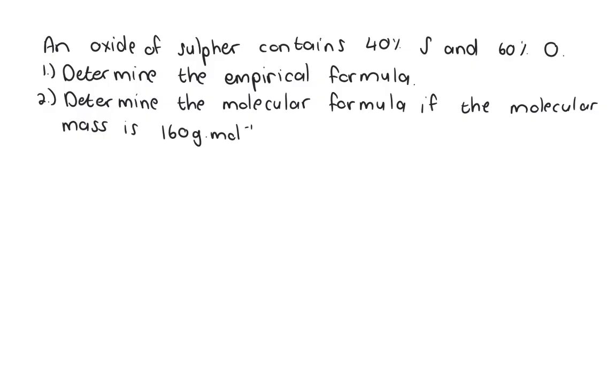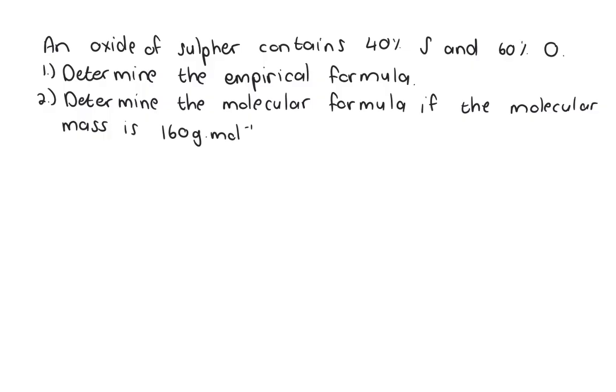Why do I need the mole and not the mass? Because remember, mole is a grouping term for molecules. I want to know how many molecules of each element there are so that I can determine the simplest ratio. That's why I'm working towards mole the whole time.